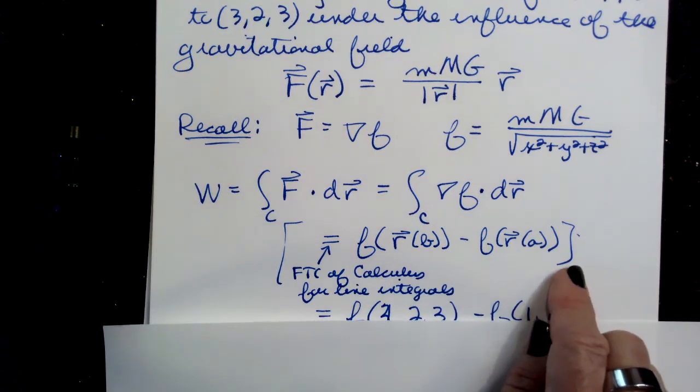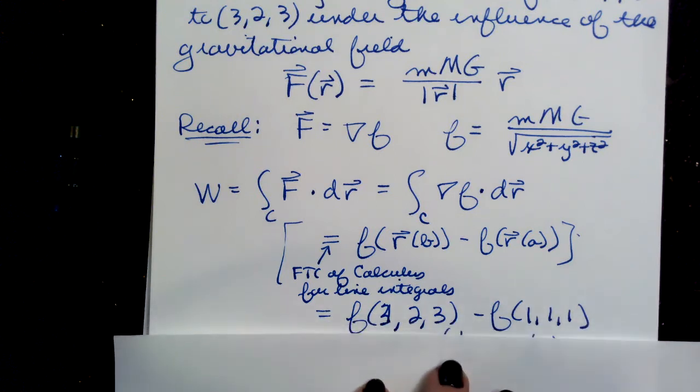For us, we just know those two points. We don't even know which curve, much less a parameterization for it. So we evaluate f at (3,2,3) and then subtract the value at (1,1,1).